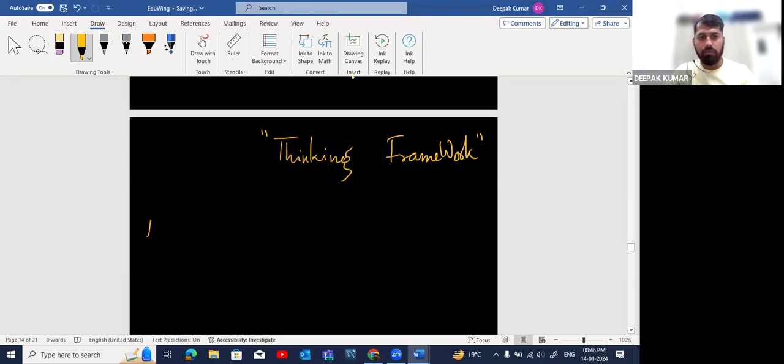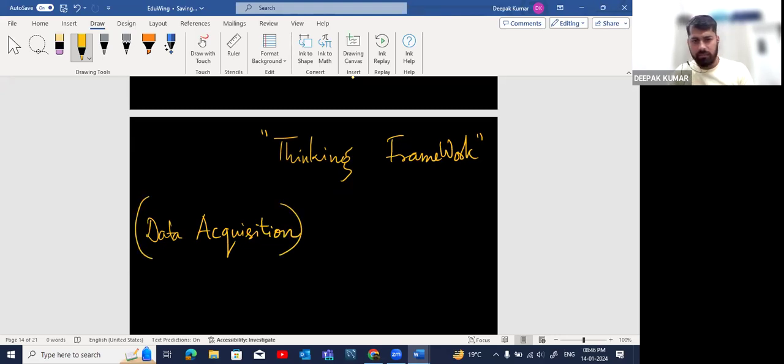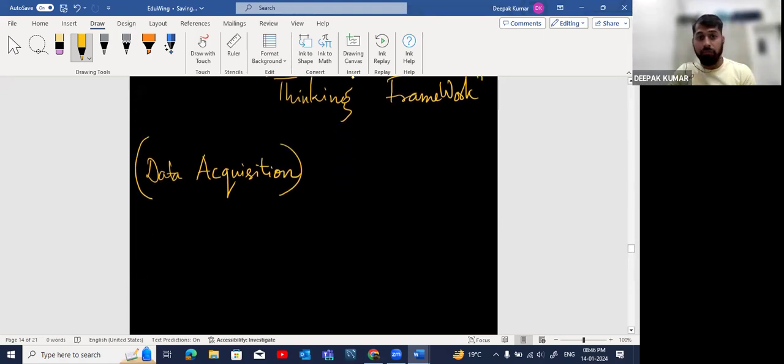So the first process would be data acquisition. We will discuss in detail how the data is acquired. I'm now creating the pipeline such that the flow is clear. After data acquisition, meaning data is acquired from the places, we'll see in a couple of minutes where from and how.